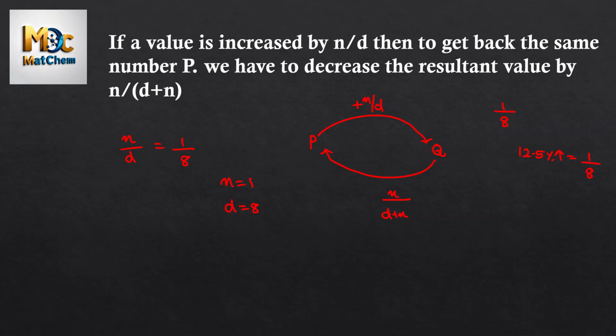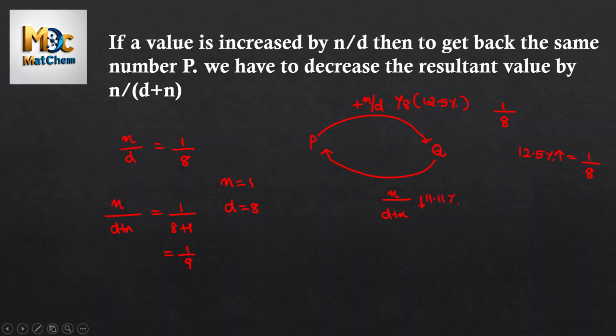Therefore, if an increase happens by 1 by 8, in order to get back to the same number, you need to decrease it by n divided by d plus n, that is 1 divided by 8 plus 1, which is 1 by 9. So if it is increased by 12.5 percentage, you need to decrease it by 1 by 9. 1 by 9 is nothing but 11.11 percentage.